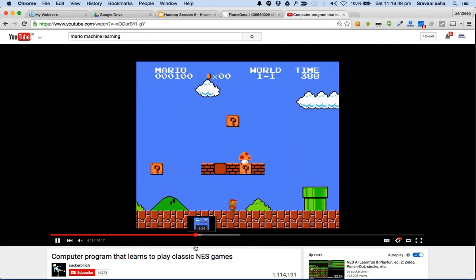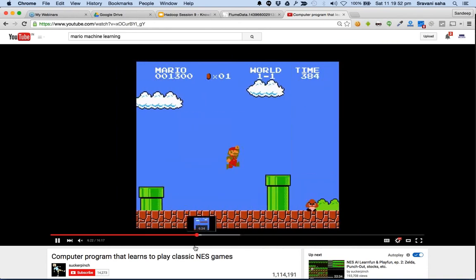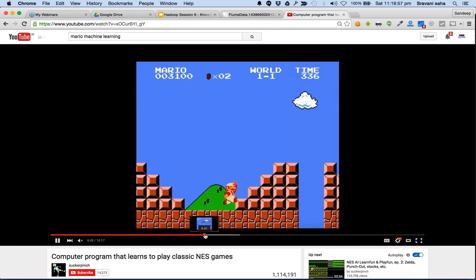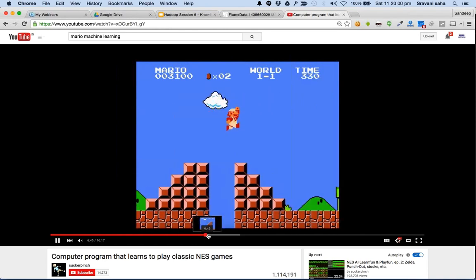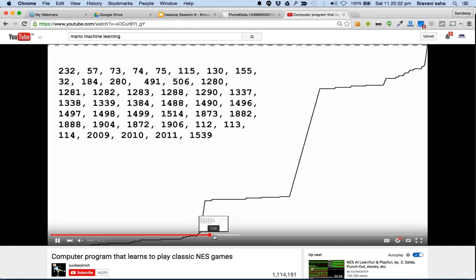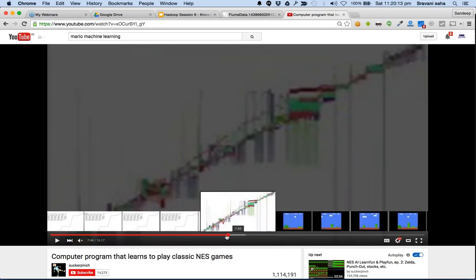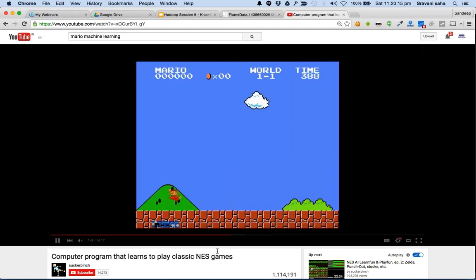This is the researcher playing the game. This is doing pretty good, but in the beginning, when he coded the algorithm, it would observe the game's memory and also observe the score.